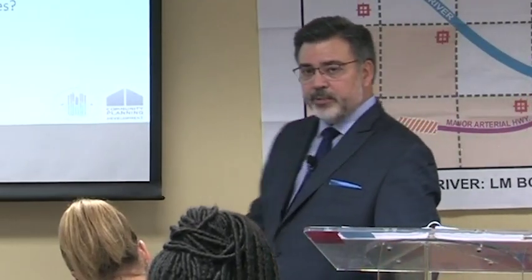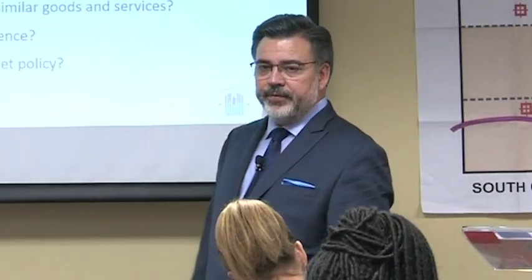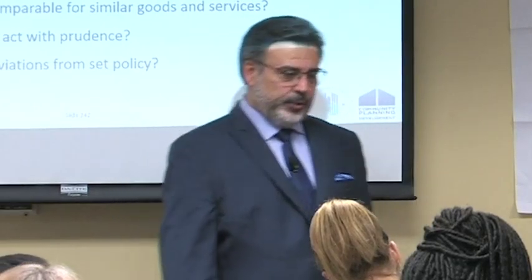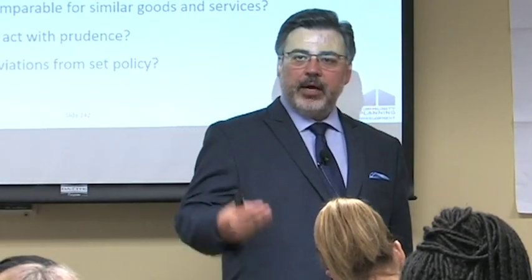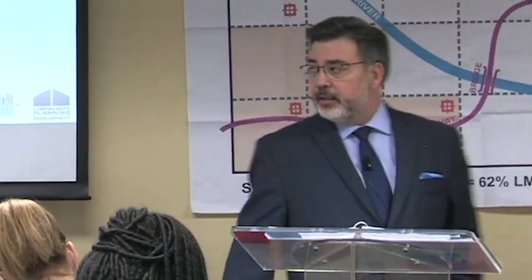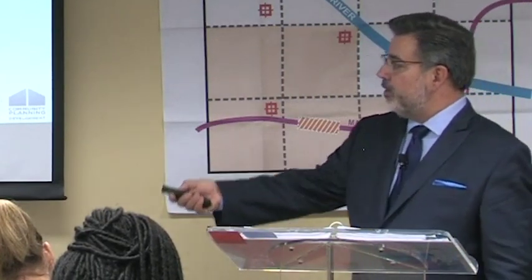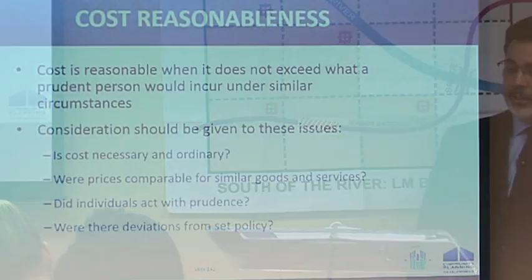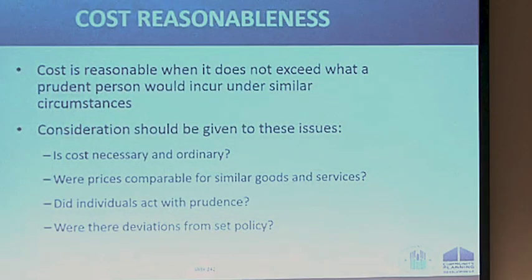You've done these projects before. You've done 50 rehabs in the last 2 years. You know what it costs to replace a roof. You're comparing it, okay? You're making sure that the prices are comparable for other similar goods. So those are the types of systems that you should have internally to make sure that you're meeting the cost reasonableness requirements.